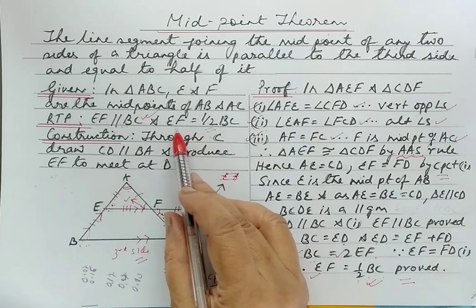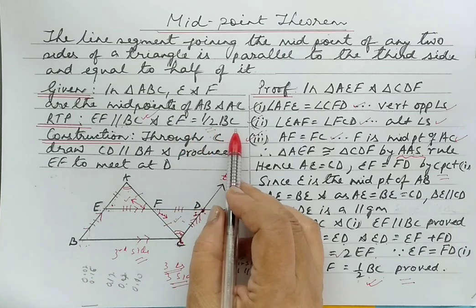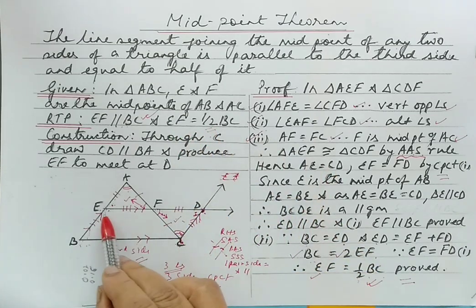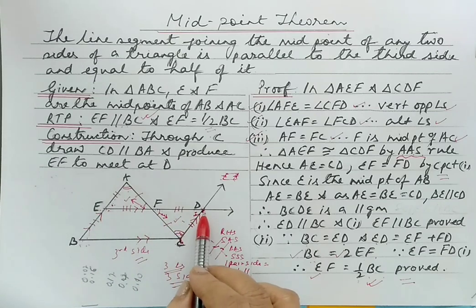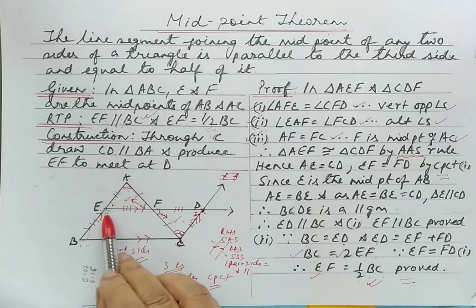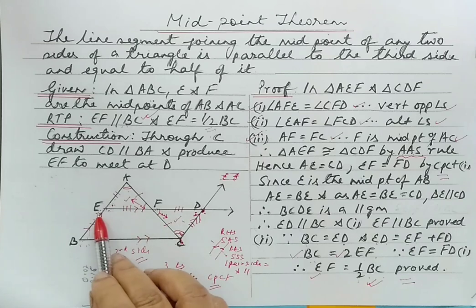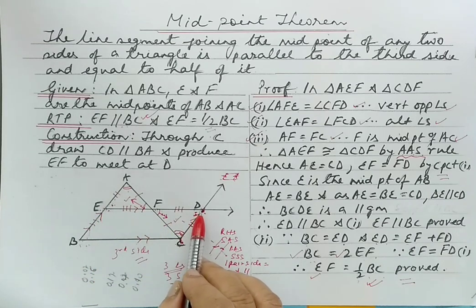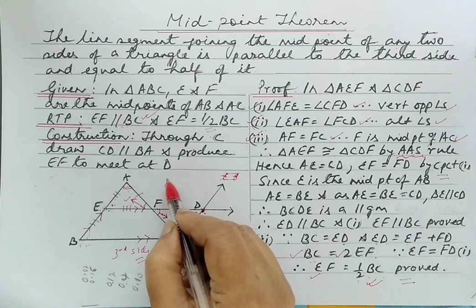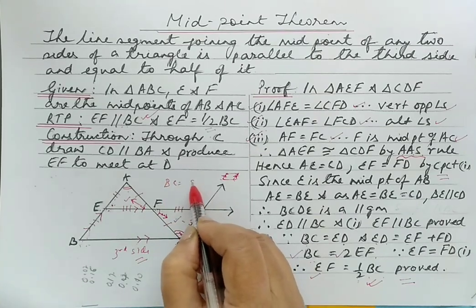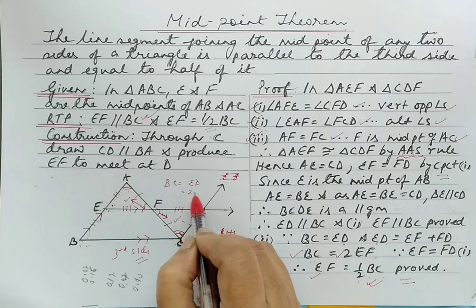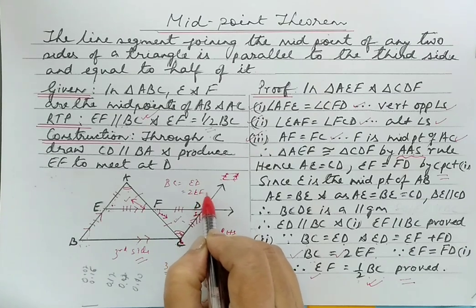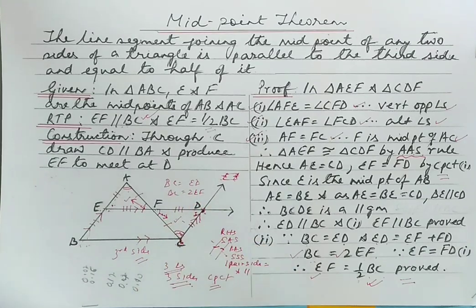Next we prove that EF is equal to half BC. How? Do we not know that EF is equal to FD? So can we not write that BC is equal to ED, and ED is twice EF?